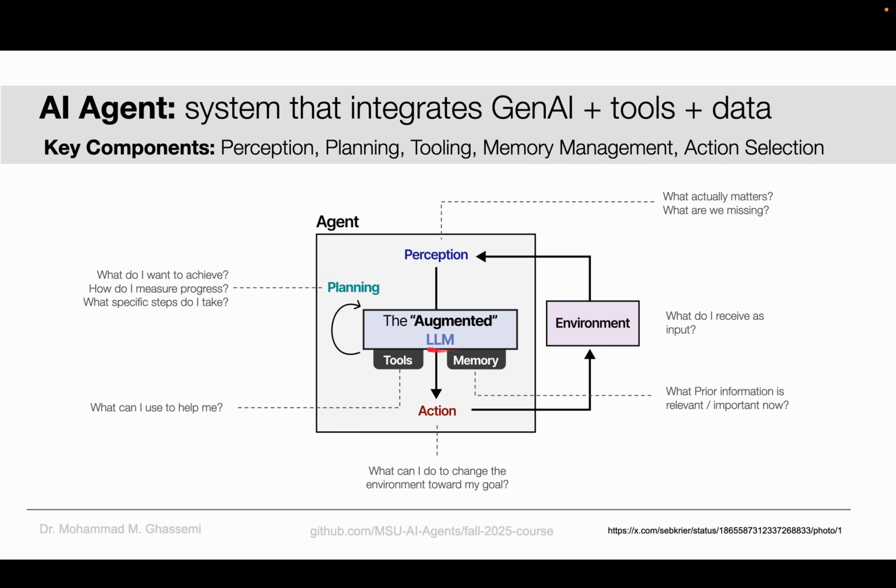In order to leverage these three items, the LLM, the tools, and the memory, to achieve a goal within this environment, the best possible response or some other optimization, there's three things that the agent does. The first is perception, trying to figure out what actually matters from that input, and importantly, if anything was missing. There's planning, which is figuring out what it wants to achieve, how does it measure the progress, and what specific steps does it take.